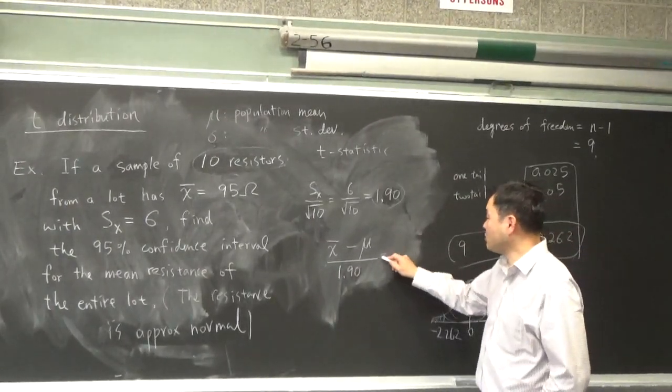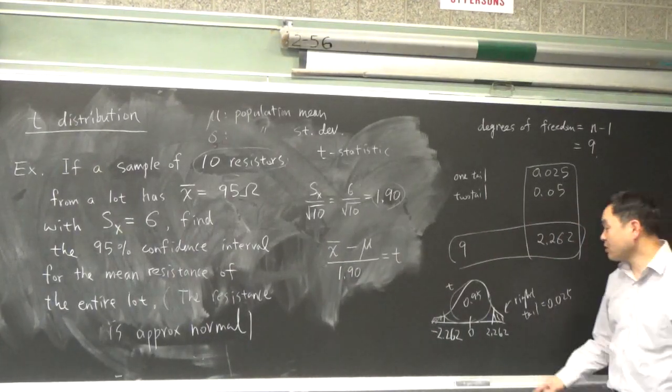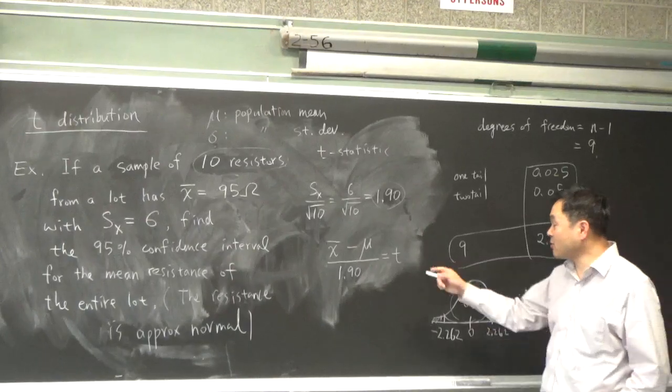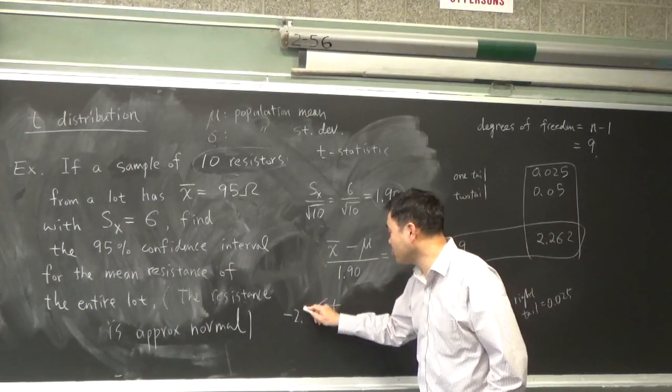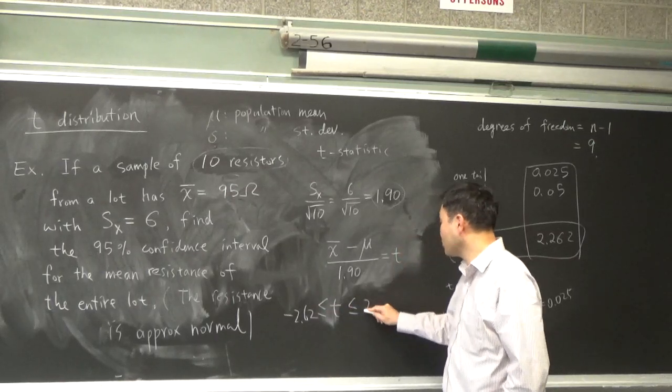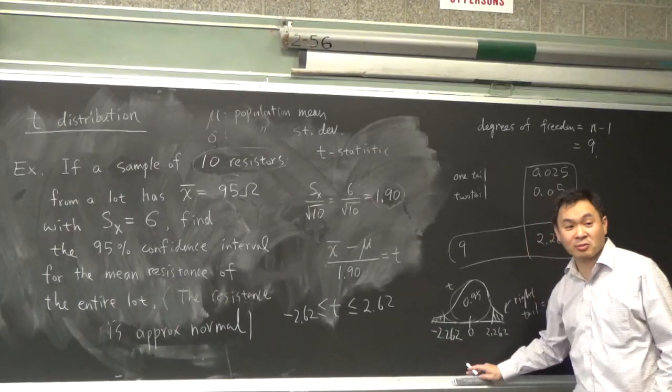This will be our t-score. And what captures 95% of the data? If this t-score is between negative 2.62 and positive 2.62, it's going to capture 95% of the data.